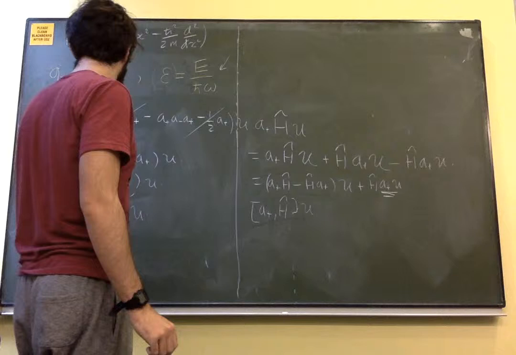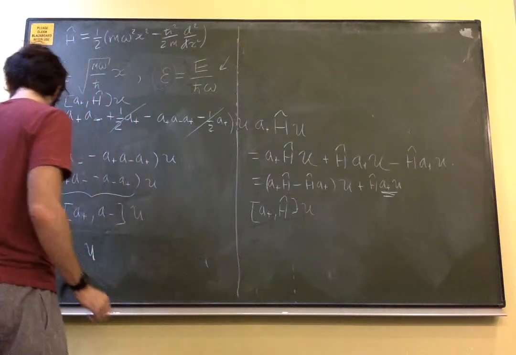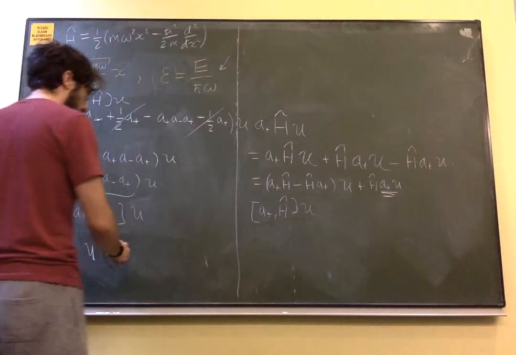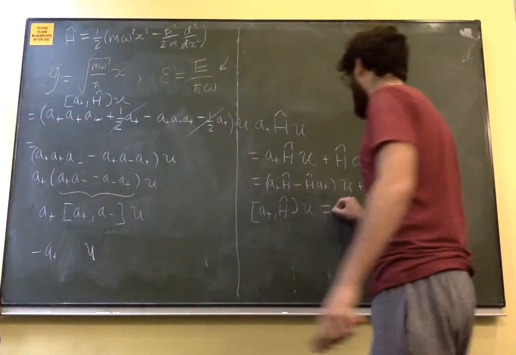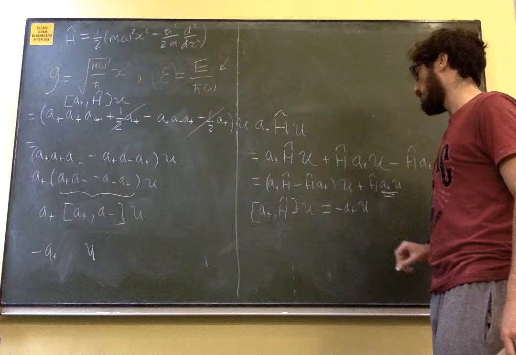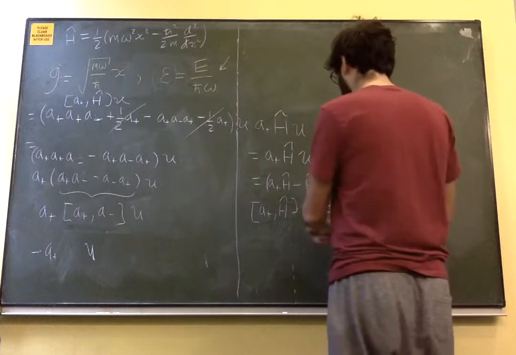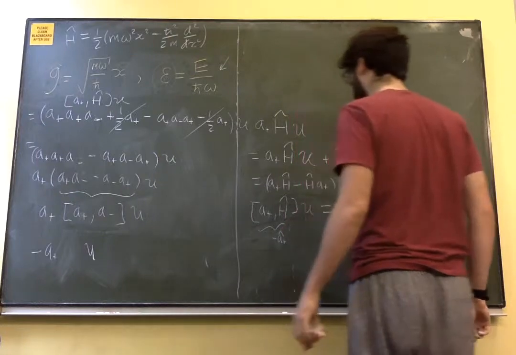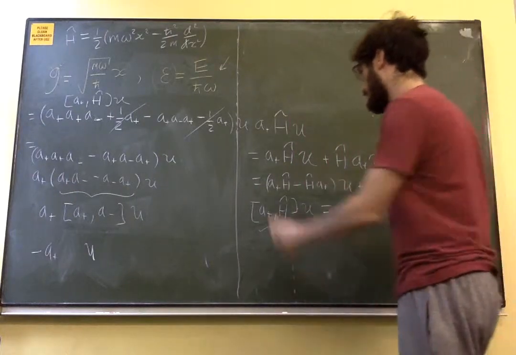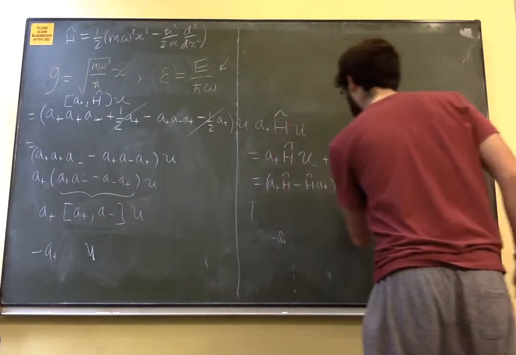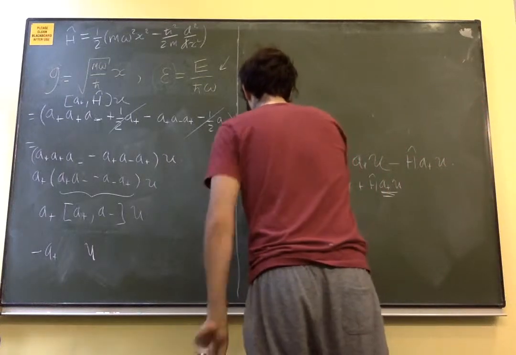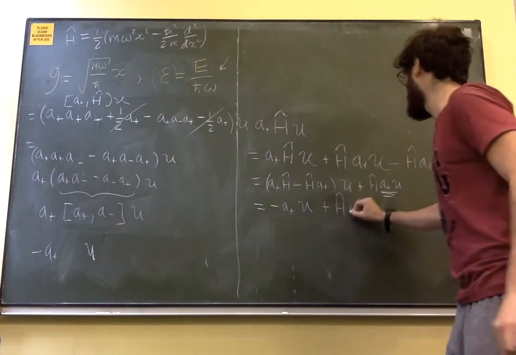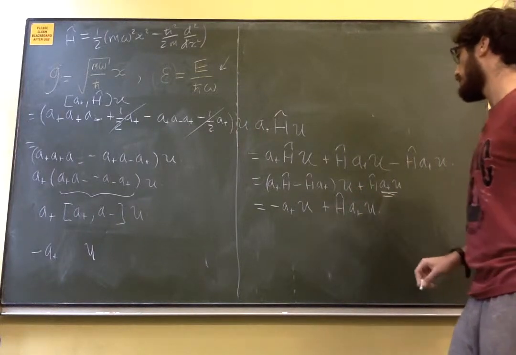Sorry, what is this right here? Oh, sorry, I said that this is minus 1. So this entire thing is minus a plus u. So this thing right here is minus a plus u, and therefore the commutator has to be the operator minus a plus. And this is plus h equal a plus u.